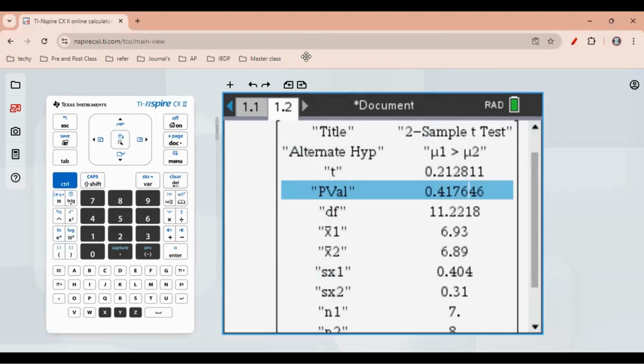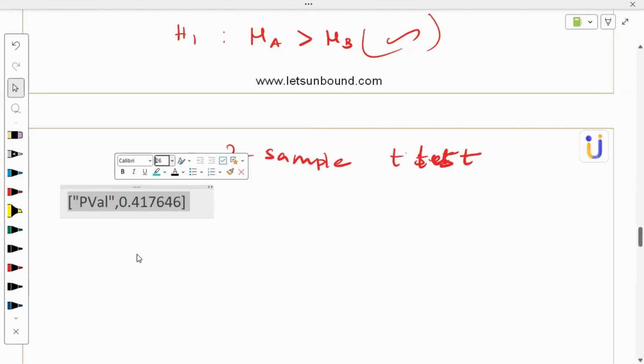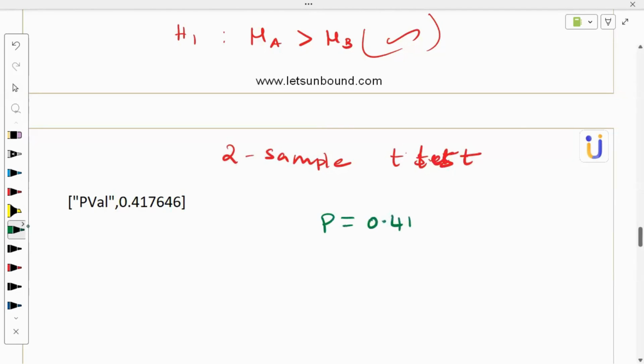Correct. Now moving to the solution page. This is the necessary thing that is needed from this. This is the p-value. And p is equal to 0.418. 5% significance is 0.05, 5 by 100, right?